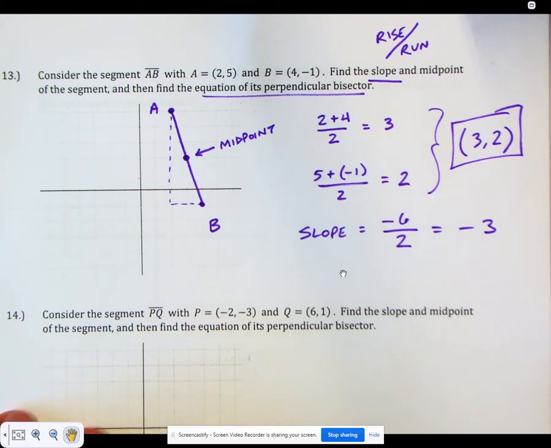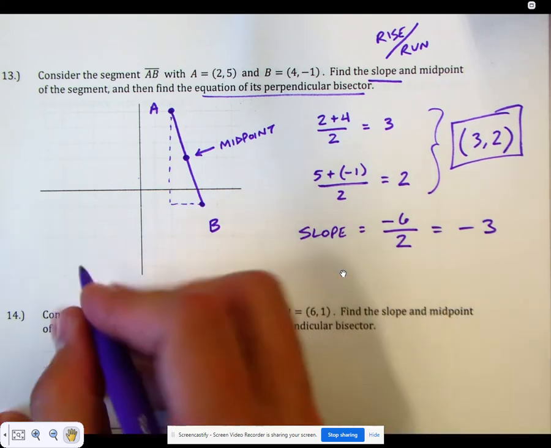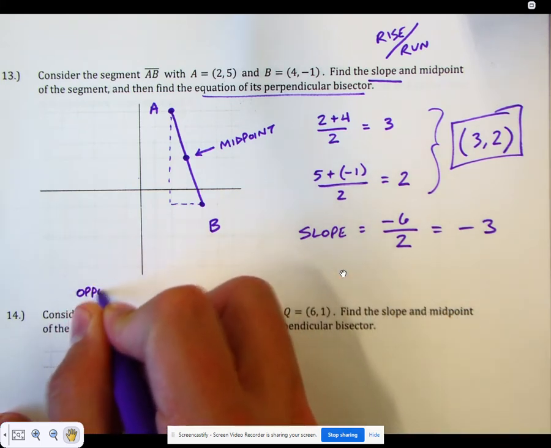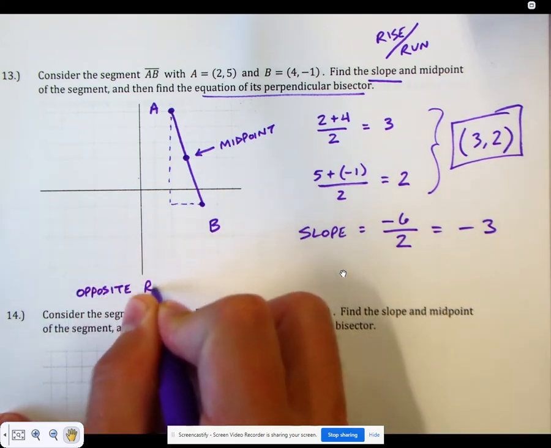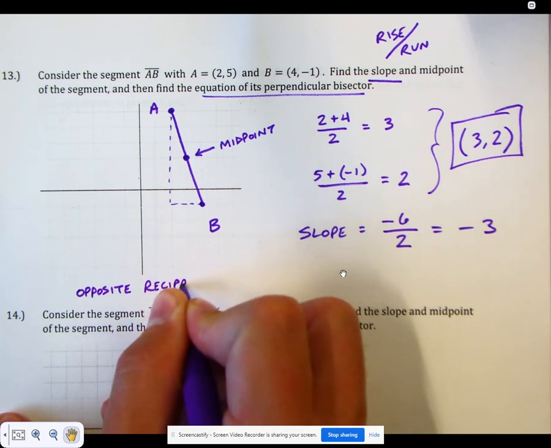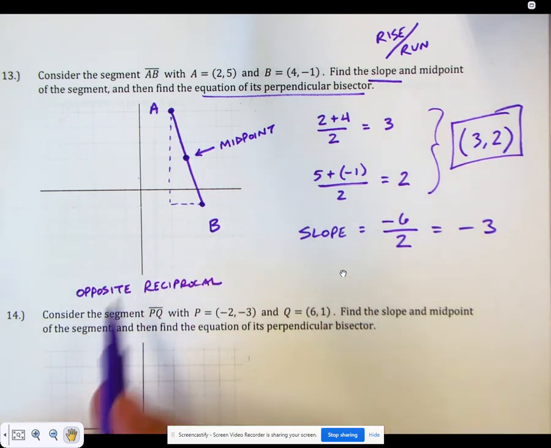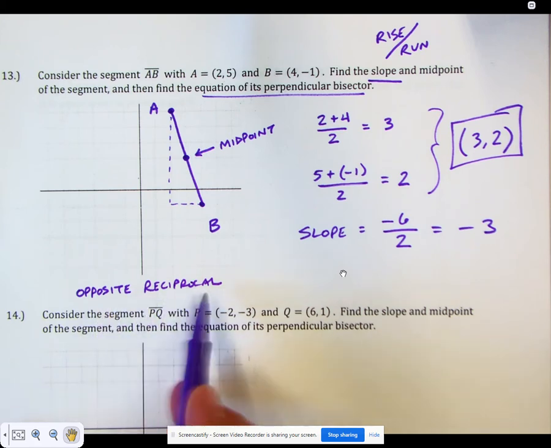Well, there's this idea called an opposite reciprocal, which means opposite: you multiply it by negative 1, and reciprocal means you effectively flip it over. It's a fraction, or technically it's 1 divided by the number.